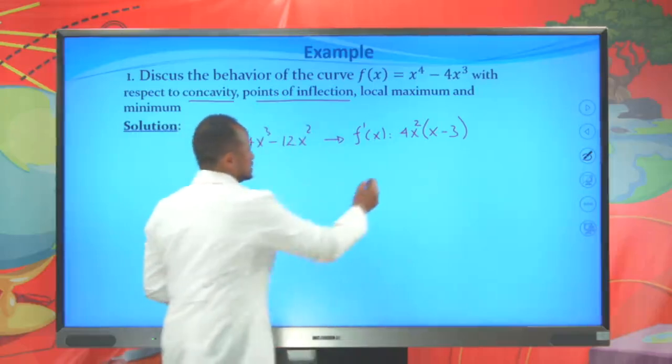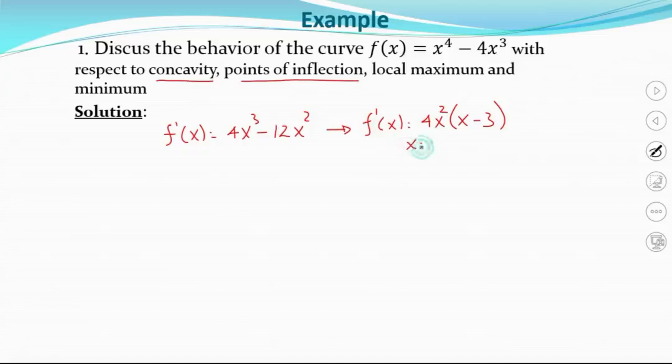From this you can see that x equals 0 and x equals 3. These two are critical numbers.